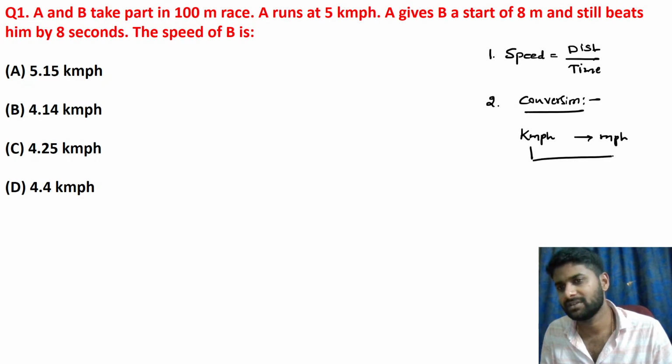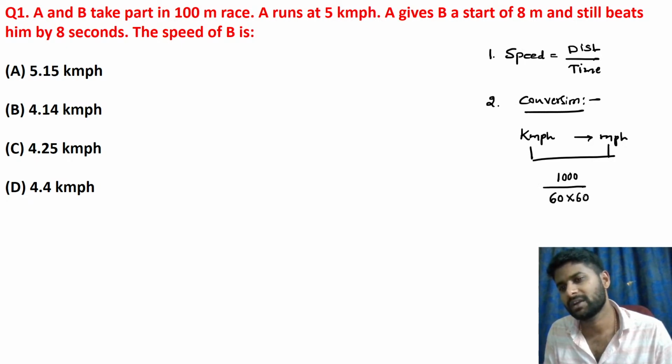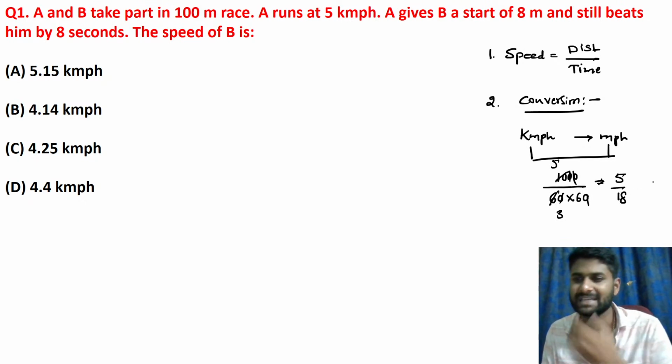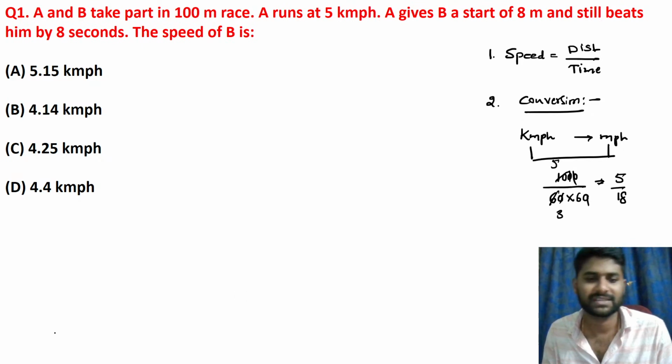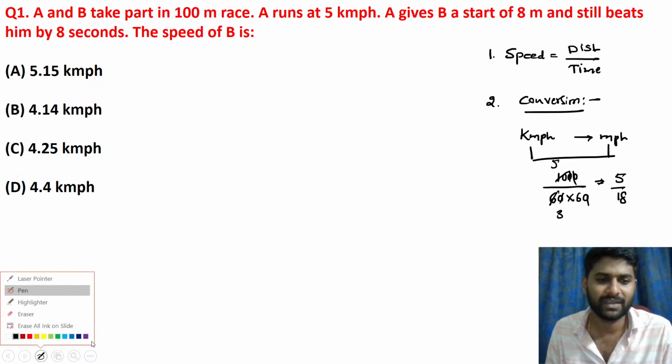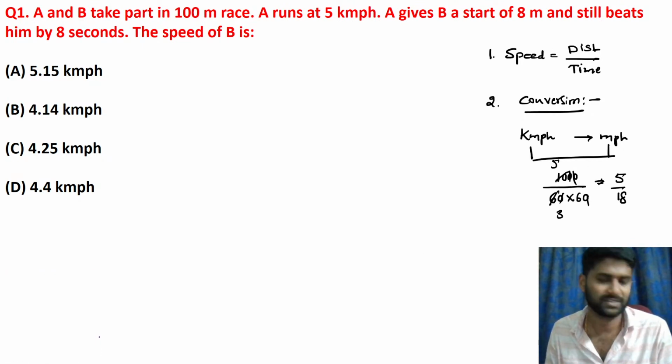We are converting kilometer to meter, so 1 kilometer is equal to 1000 meters. Per hour we convert into minutes, and minutes we convert into seconds. If you cancel the numbers, if you are converting kilometer per hour to meter per second, it is 5 by 18, and meter per second to kilometer per hour is 18 by 5. That is the reverse of that fraction.